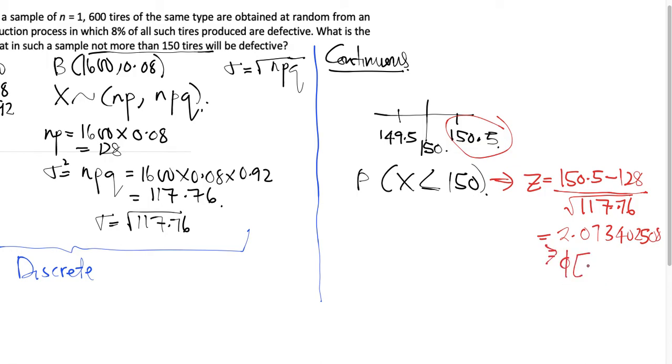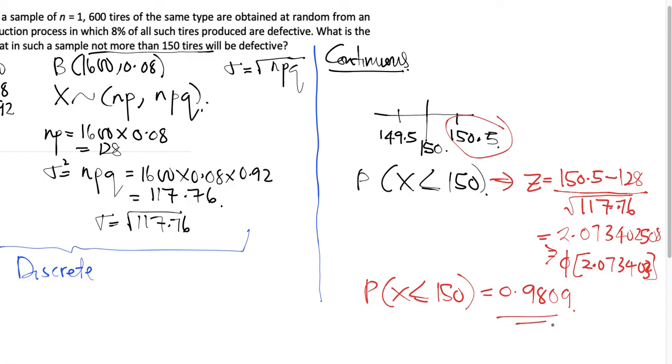So find the phi of 2.073. For P(X) less than 150 on normal distribution, phi of 2.073 is 0.9809. I used MF19 to find the answer, and MF19 gives the area to the left, so you don't have to subtract anything, and that's the answer.